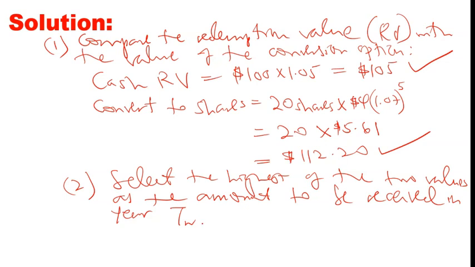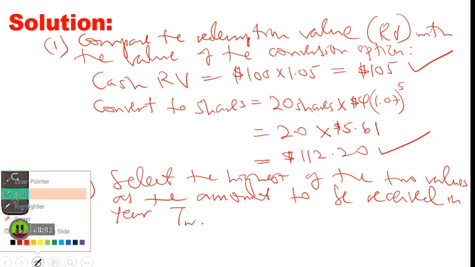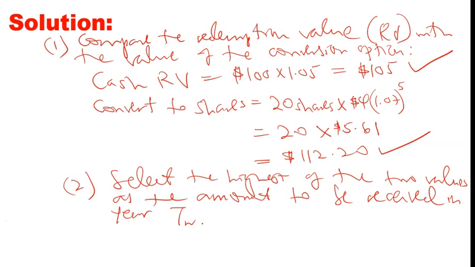The general assumption is that the investors will choose to convert the debenture, because the conversion value is higher, and they will therefore receive $112.20.